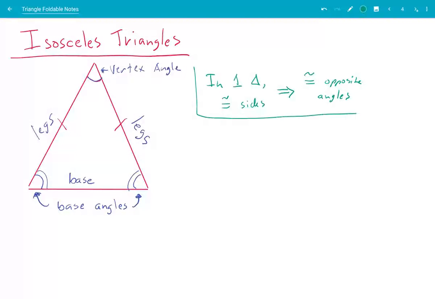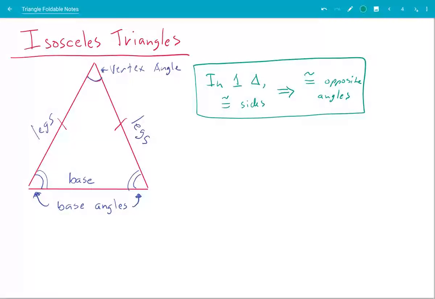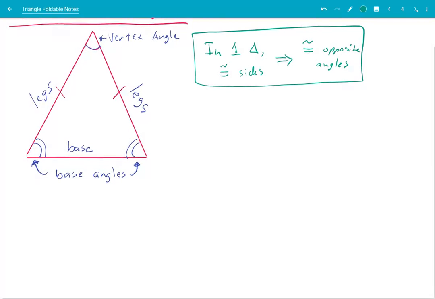So there's our first implied statement. In one triangle, congruent sides imply congruent opposite angles. So we can say that AC is congruent to AB. So that implies that angle C is congruent to angle B.